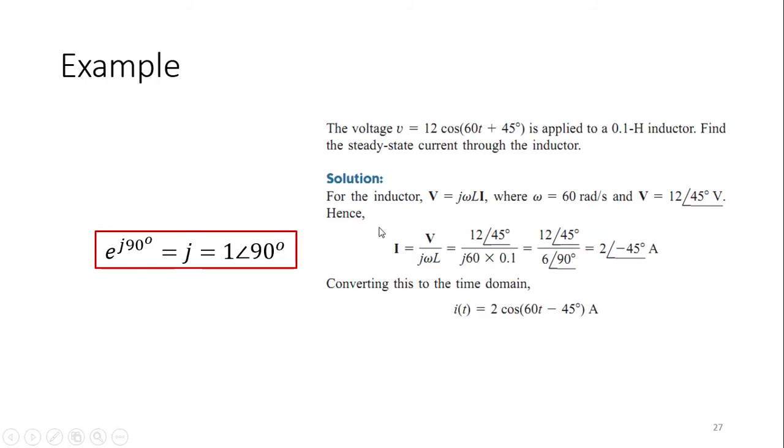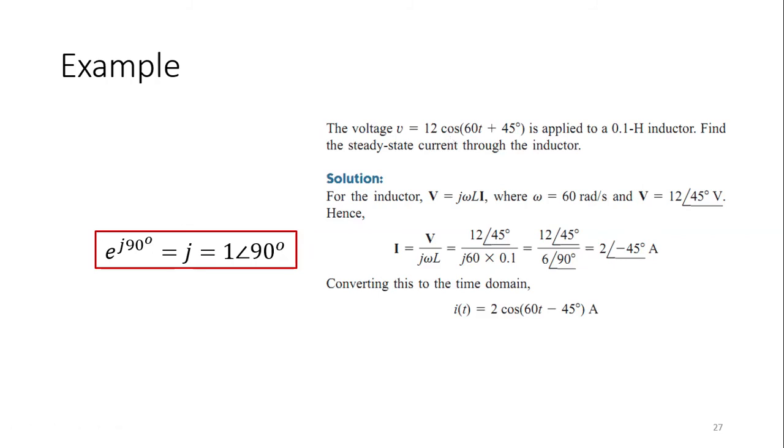As we know, for an inductor the voltage is j omega L times I, and omega is 60 from this relationship, and the voltage can be simply written in phasor form as 12 angle 45, because this expression is given as a cosine function.